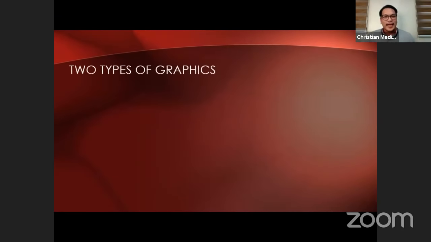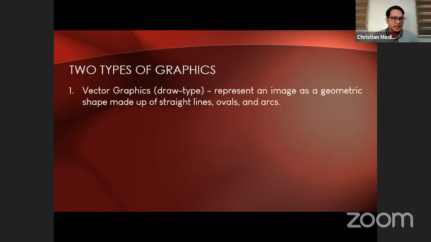So we have two types of computer graphics, and the first one is what I mentioned earlier, vector graphics or draw type. It represents an image as a geometric shape made up of straight lines, ovals, and arcs. When you draw a line, a set of instructions is written to describe its size, position, and shape.